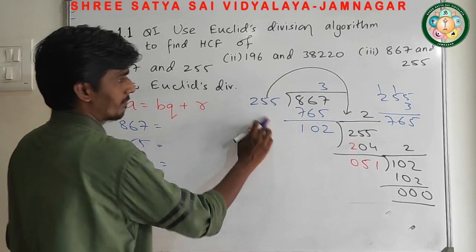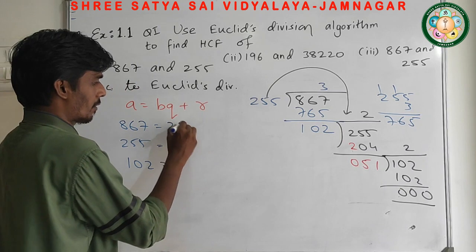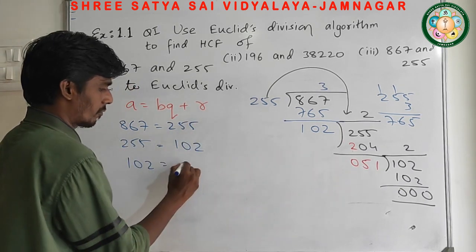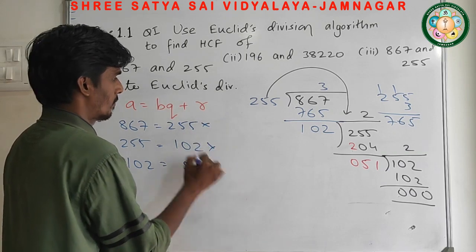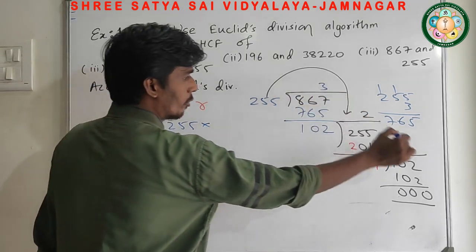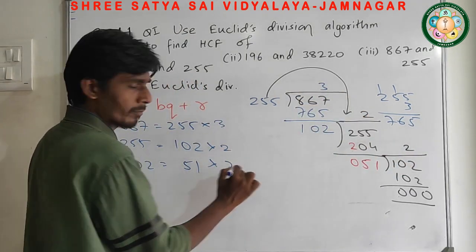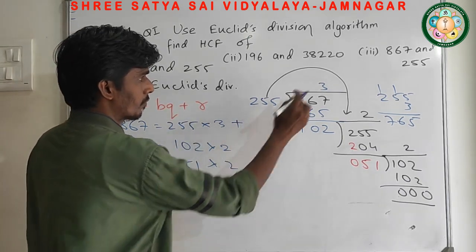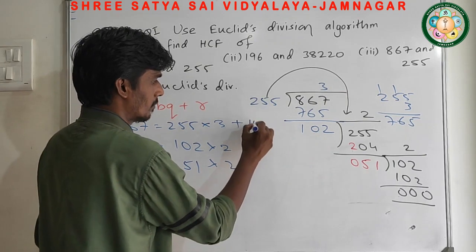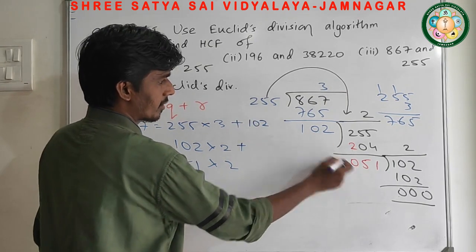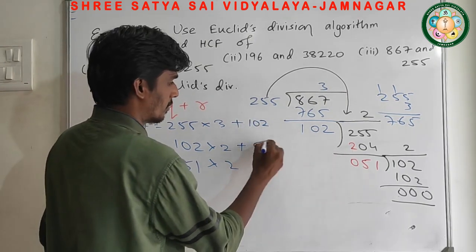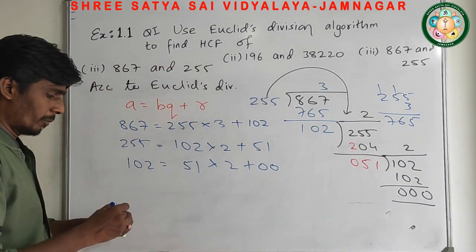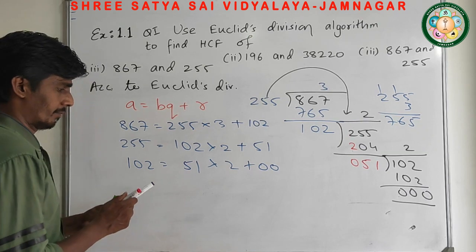Now the divisors: 255, then 102, and last 51. The quotients: 3, 2, 2. Plus the remainders: 102, then 51, and the last remainder is 0.